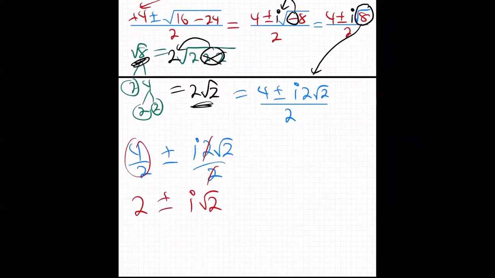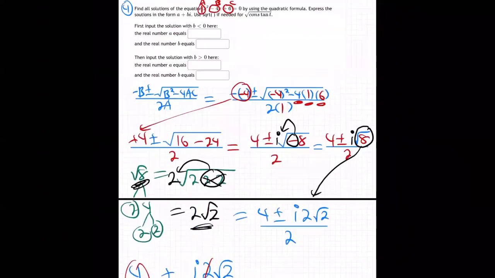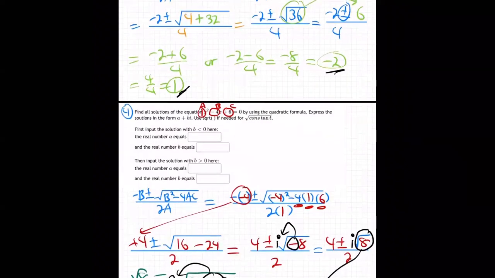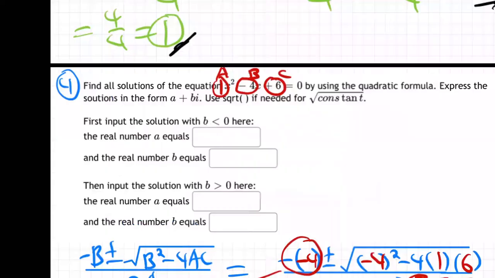Okay, so now what kind of answer do they want? Notice up here it says they want the answer to be in the form A plus Bi. They want you to identify the A and the B where the B is less than 0. B less than 0 means B is negative.